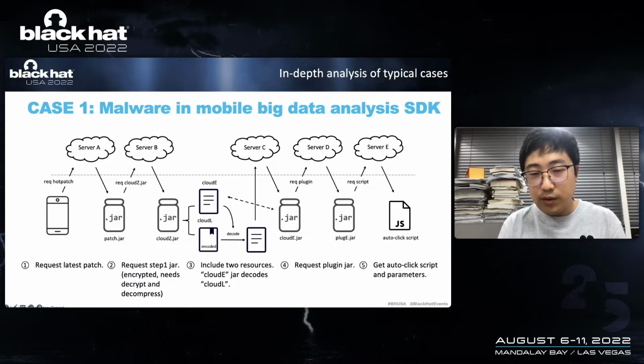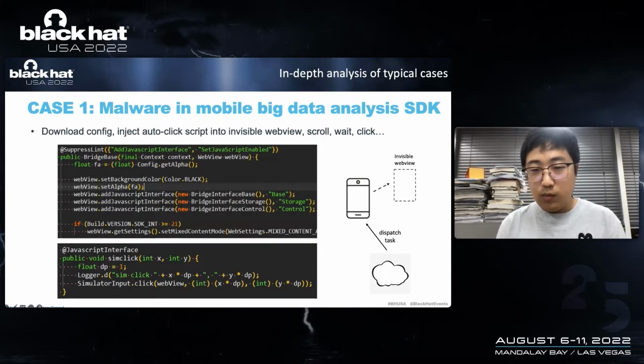After a series of complex requests, the configuration file and the automatic click file are finally obtained. As shown in the figure, the SDK accesses several different servers and downloads a DEX file, 4 JAR files, and a JS file.